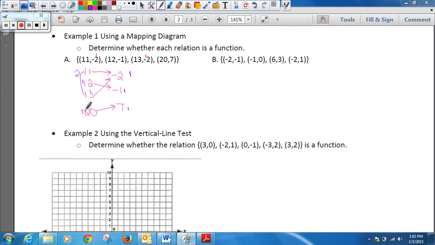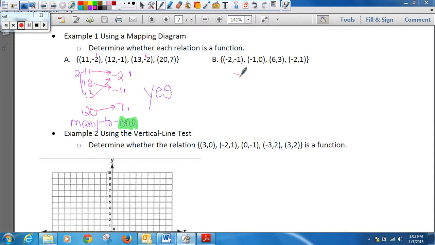So if we look at our numbers, there's a 2 here, so that makes this many-to-1, and there's only 1's there. And now that we look here, after we name it, the output is 1, so this one would be yes. It is a function.